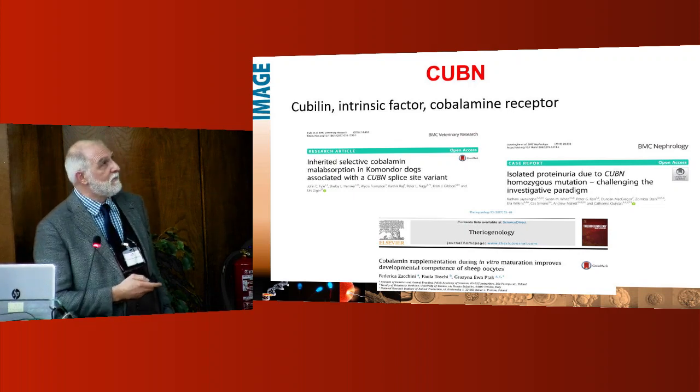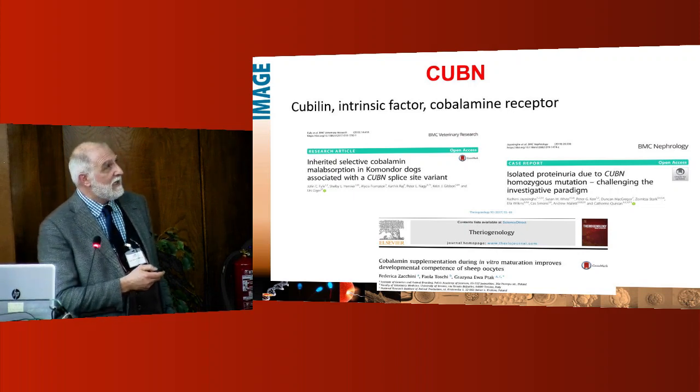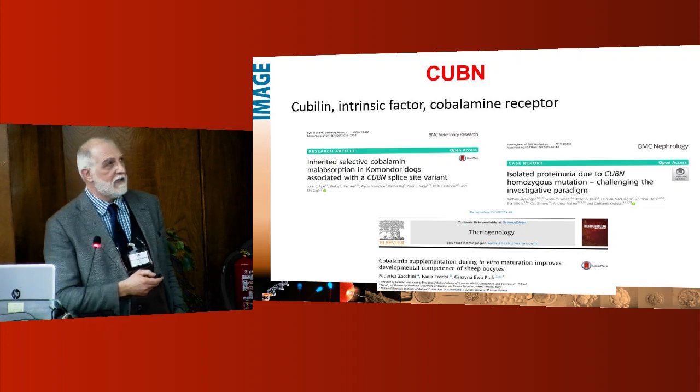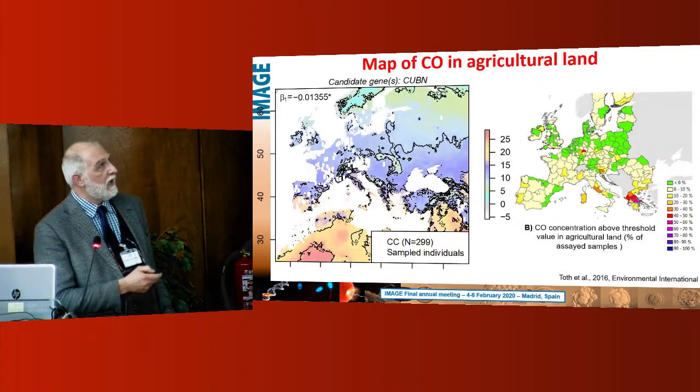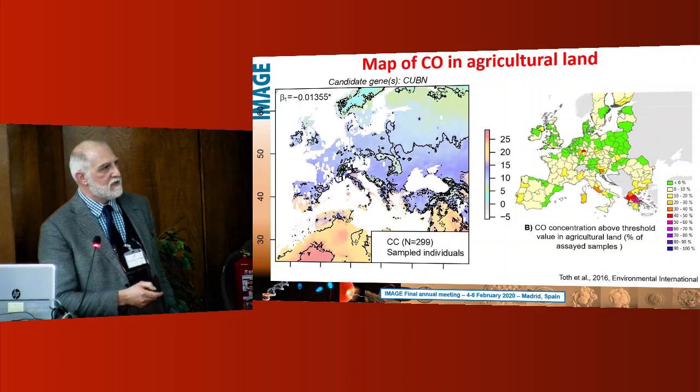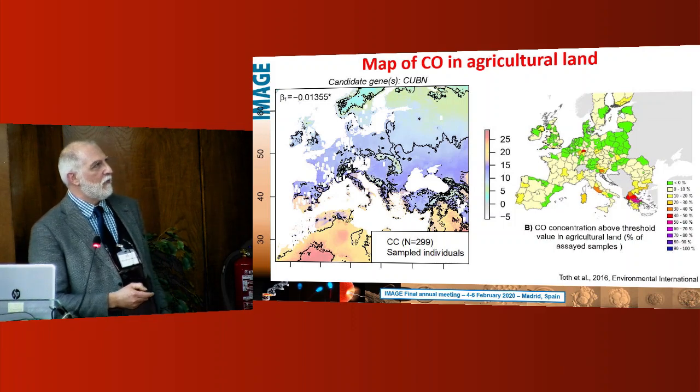So we tried to see if the limiting factor was instead, as cobalamin is chelated to cobalt, if there was a map of cobalt in agricultural land, and indeed there is. The level of cobalt in the different areas is different, but so far we could not relate this.